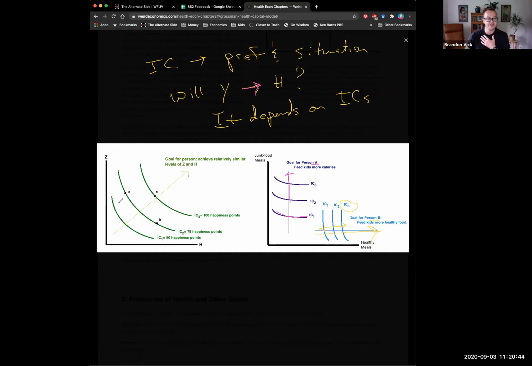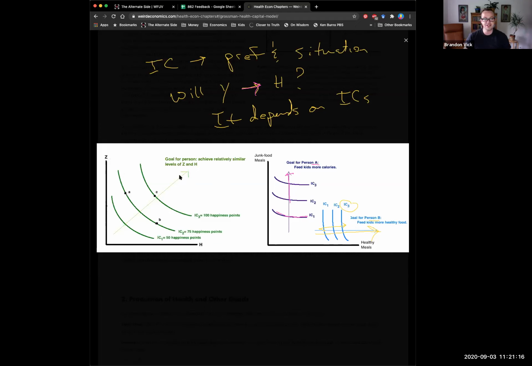Or on the left side here, I could have preferences where I get happiness from both Z and H. So if I get more income, some of it will go to H and some of it will go to Z. I may spend some of my income on that gym membership, which leads to some greater happiness, but I'm also going to spend it on new patio furniture for hosting guests, for example.